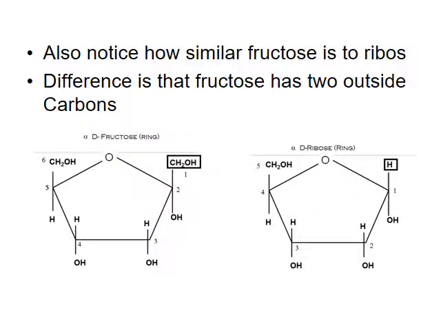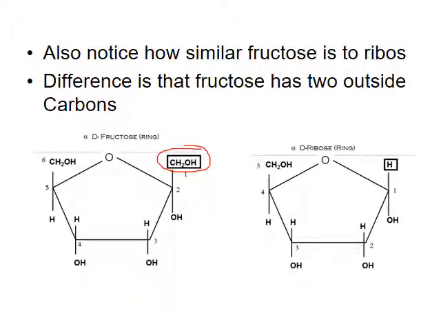Now, one thing you may notice, I don't know if you would or not, but I'm going to show you, is that fructose actually looks a lot like ribose. They both have the same structure, and they both have this 5 ring structure. But the difference is that fructose has a carbon instead of a hydrogen up here. Okay.